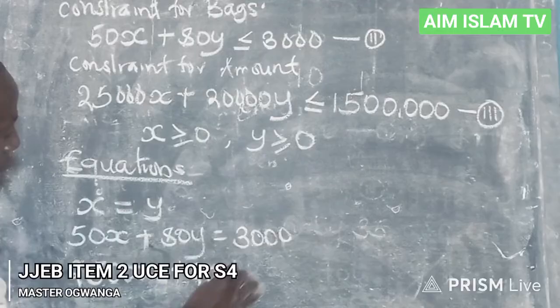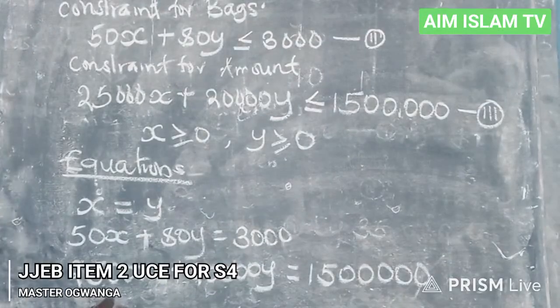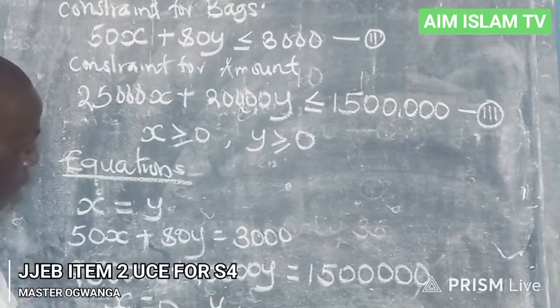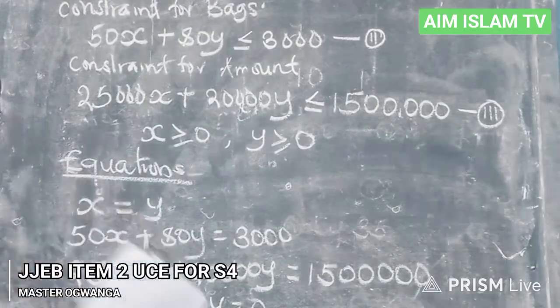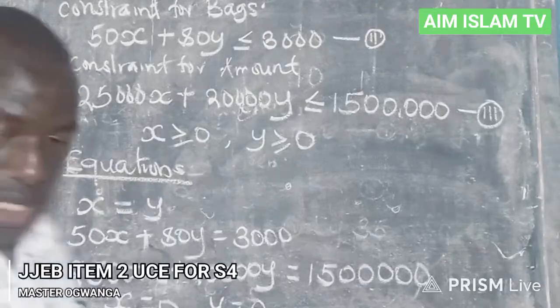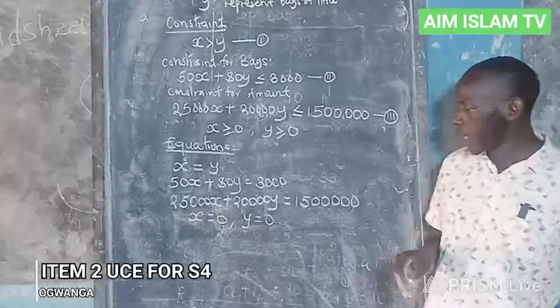And in the last ones, we'll have x equals 0 and y equals 0. X equals 0 means the y-axis, and y equals 0 means the x-axis.